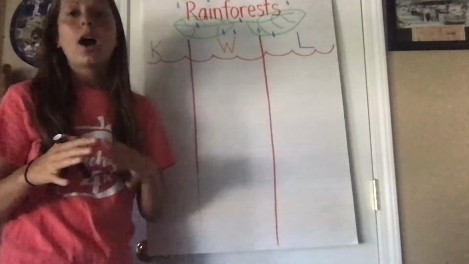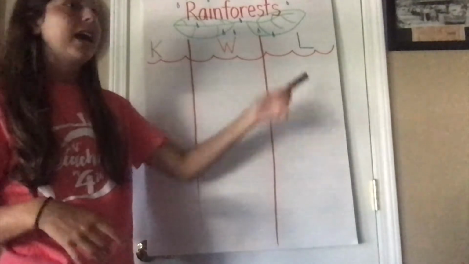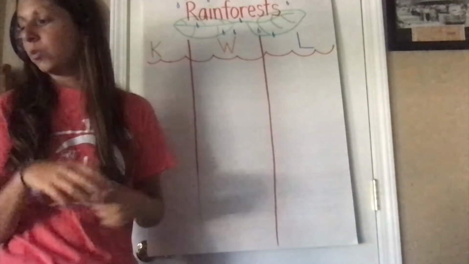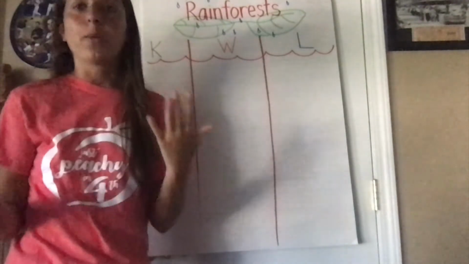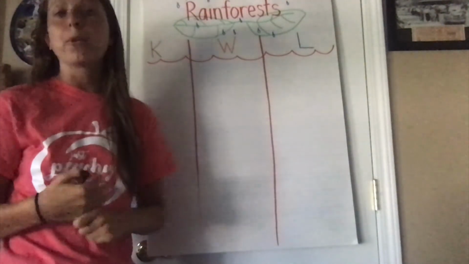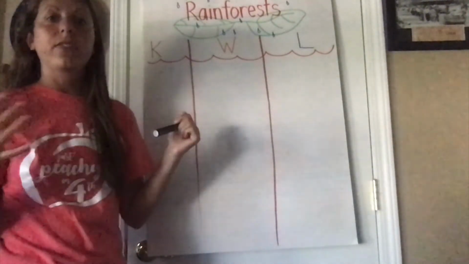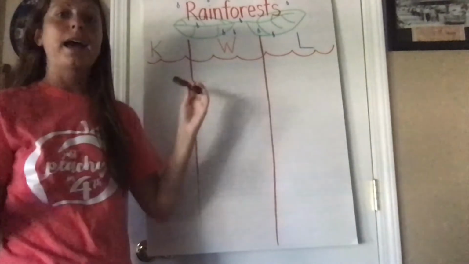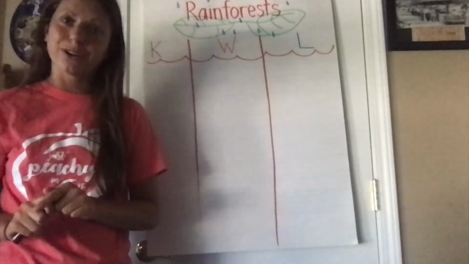The W column is what you want to know about a certain topic. And at the end, you fill out the L column, which is what you learned about that topic after either watching a video or doing a virtual field trip or just reading a book. So our whole week theme is rainforest, and by the end of the week we will have a long list of things that we learned.